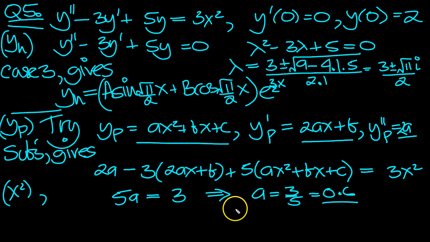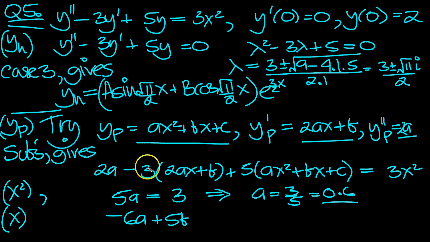Next, what can we equate? Let's equate the x's, shall we? We should get a's and b's then. If we look at the x's, we've got minus 6a for that x term when you expand the bracket, plus 5b. So minus 6a here, plus 5b there, and there's nothing on the other side.